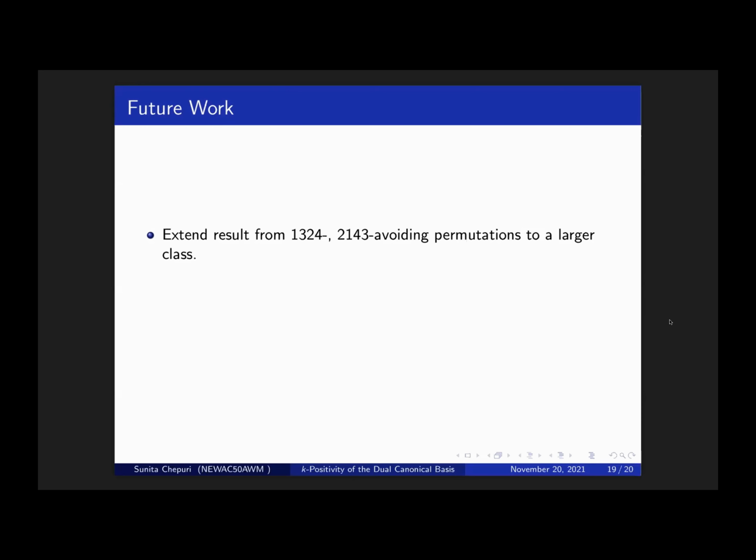The reason that we needed to avoid those permutations is because of the relationship between the Kazhdan-Lusztig polynomials and Schubert varieties. And so this allowed us to calculate the Kazhdan-Lusztig polynomials that showed up in our expansions really easily. But in general, those are hard to compute. So that's, I guess, the roadblock to extending our result to a larger class.